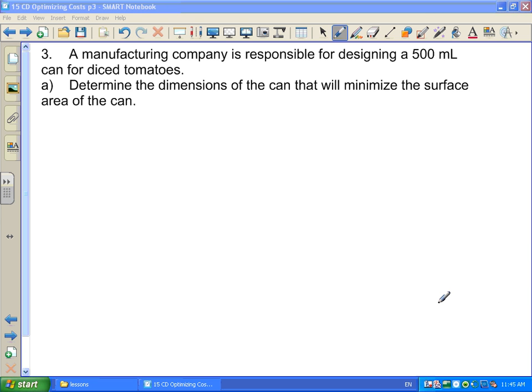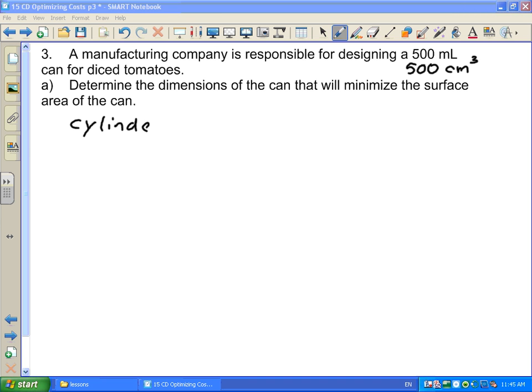We should start off by reminding ourselves that 500 milliliters is the same as 500 centimeters cubed. So if we're working with that 500 there, our dimensions are all going to be in centimeters. First of all, we have to think about what kind of shape we are working with here. We've got a cylinder.